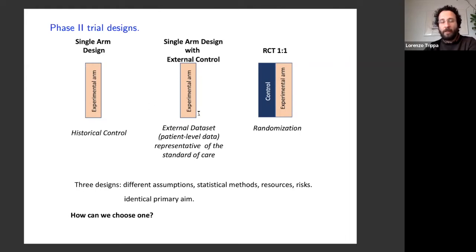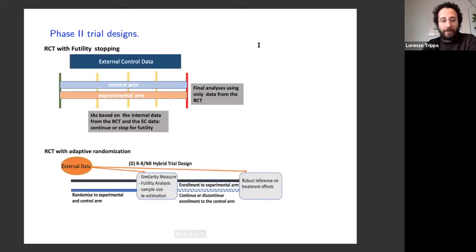We need statistical tools to realize whether we can have operating characteristics with a low level of bias, which we hope to be comparable to a randomized clinical trial, which requires a much larger amount of resources and patients.